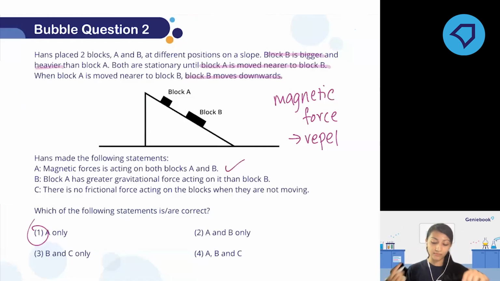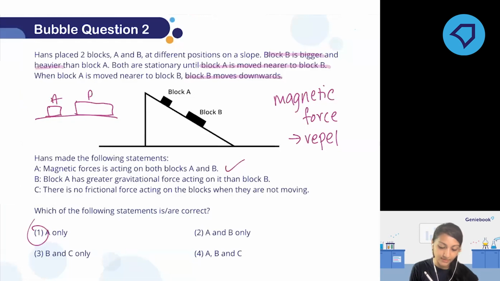When we talk about gravitational force, we're talking about the Earth's gravity pulling objects down. So imagine you have a flat land, and you have your block A and block B, where the heavier one is bigger in size.